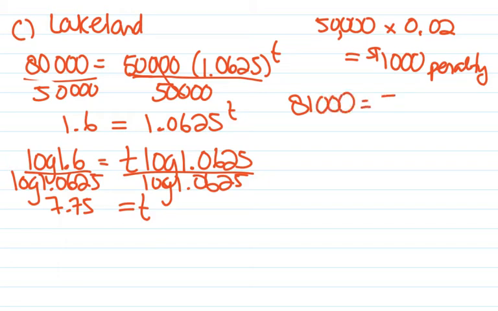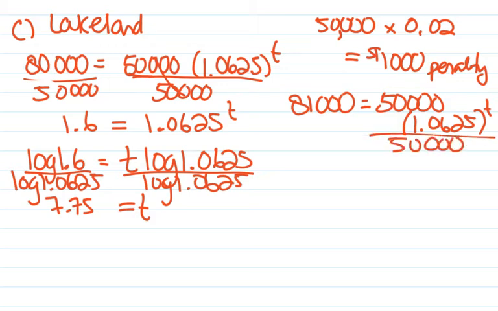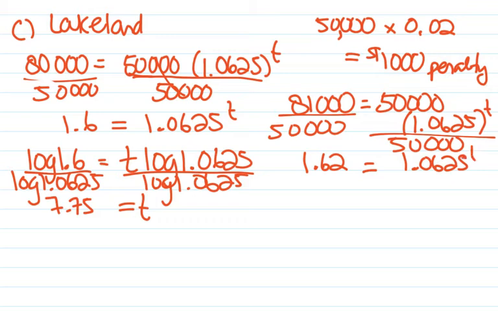So $81,000 equals $50,000 times 1.0625 to the power of t. We'll divide both sides by the $50,000 again. 81,000 divided by 50,000 is 1.62 equals 1.0625 to the power of t. Common logarithm of both sides, log 1.62 equals t log 1.0625.